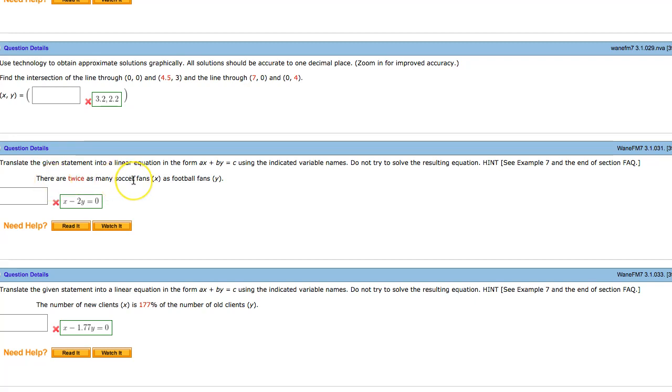What they want out of number 18, guys, is this: you have a lot of soccer, so you have to multiply football by 2 to get what you need, because football is Y. So X equals 2Y.